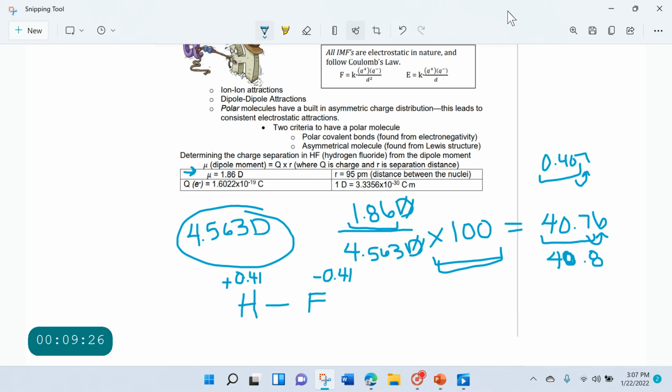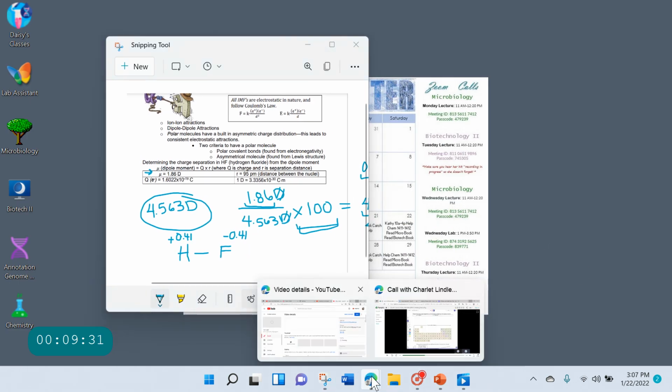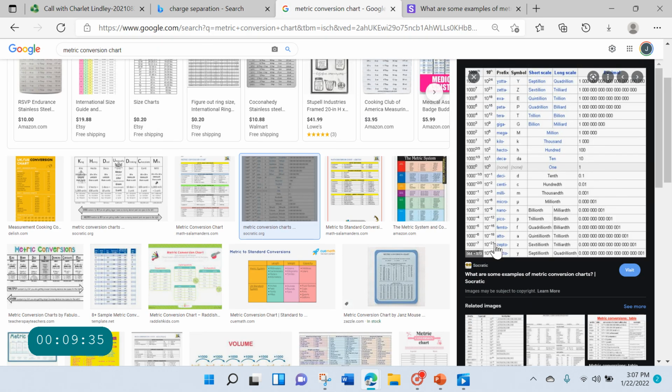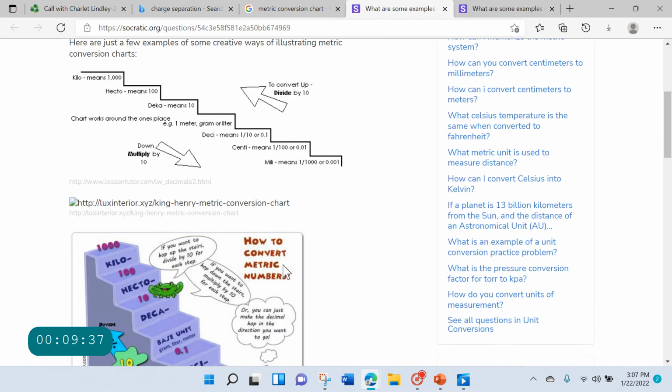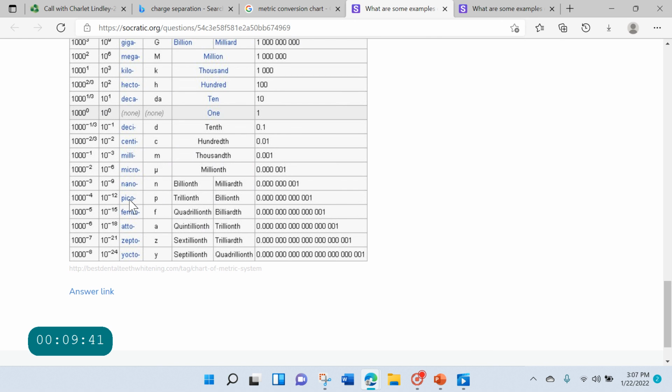And then before we complete this, I will show you what I was talking about with the metric conversion chart. If you look at this chart here, pico is 10 to the negative 12. So that's why we did that. And then you could just use that.